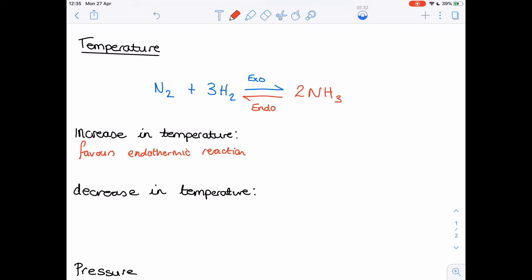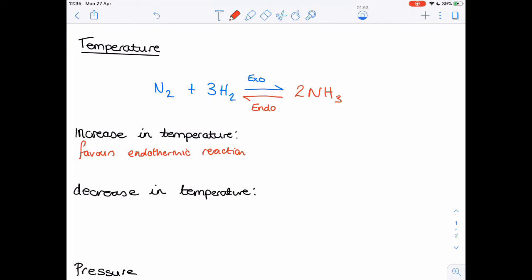So if the heat is increased in that container, in that closed system, the equilibrium wants to get it back to the same level it was earlier so that the rate of reaction of the forwards and the backwards can be at the same rate.